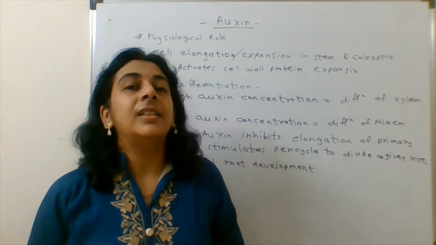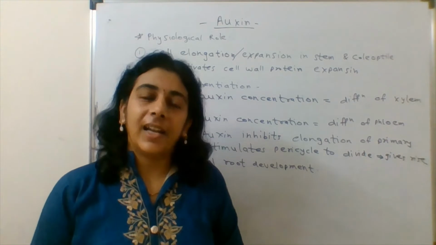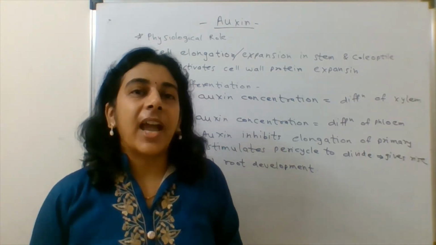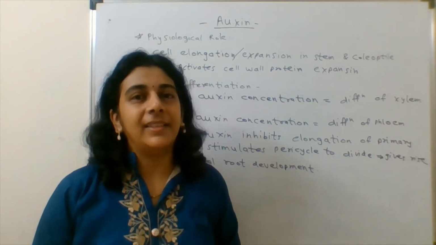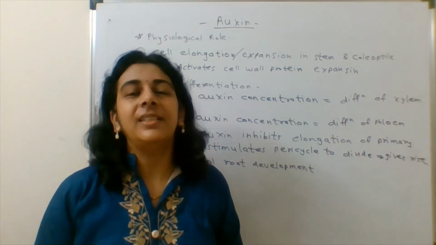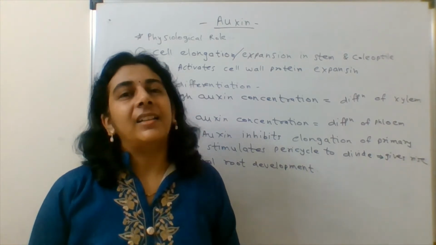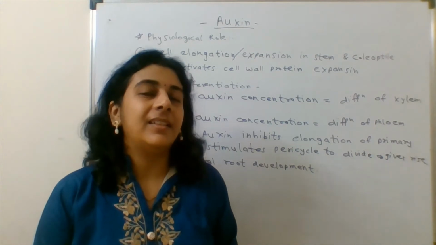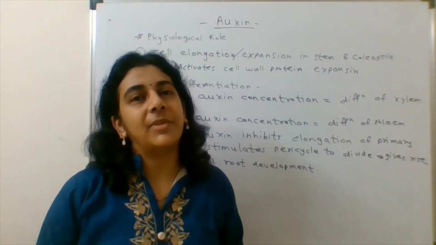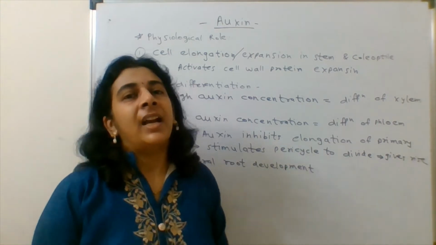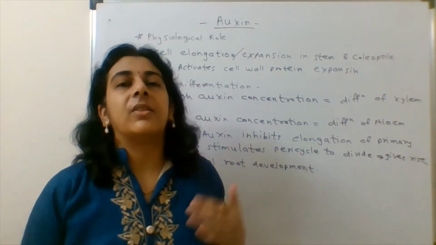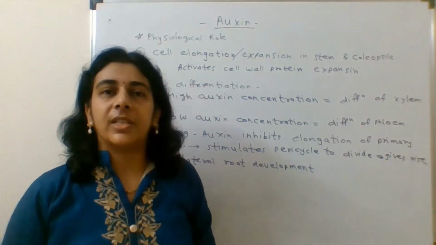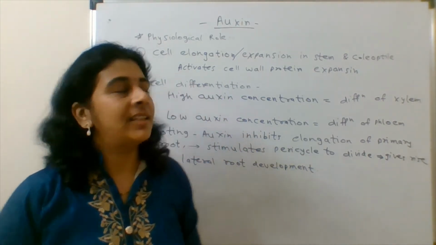It acts on the H plus ATPase enzyme which is present on the plasma membrane, which leads to the activation of the enzyme expansin present on the cell wall of the plant cell, and this activation of expansin leads to the elongation of the cells present at the tips, and this leads to the increase or the growth in a plant body. So this is the first physiological role performed by the auxin.